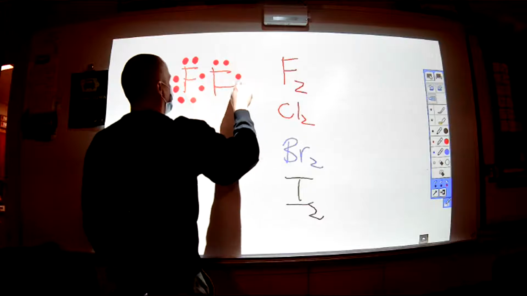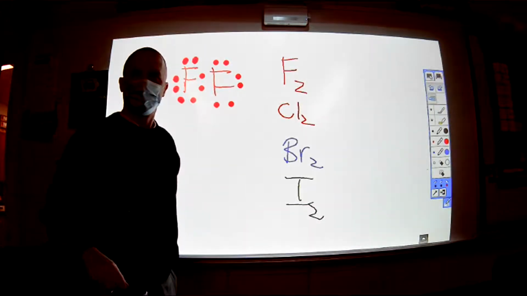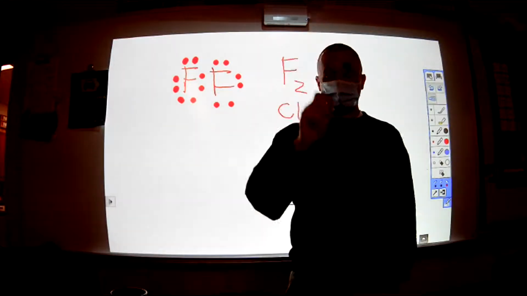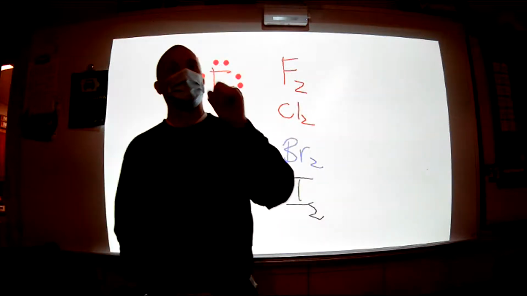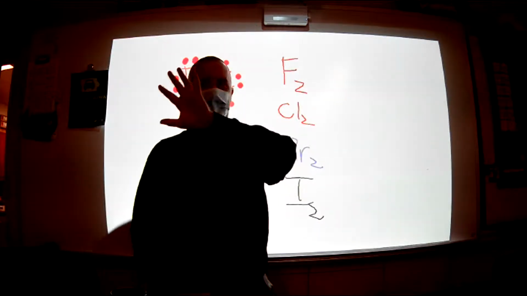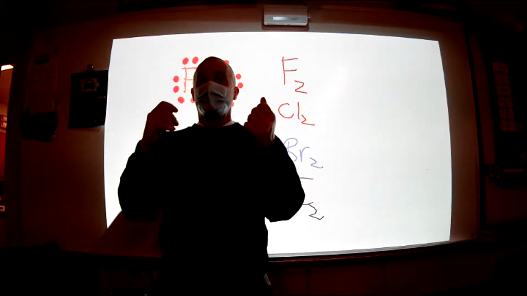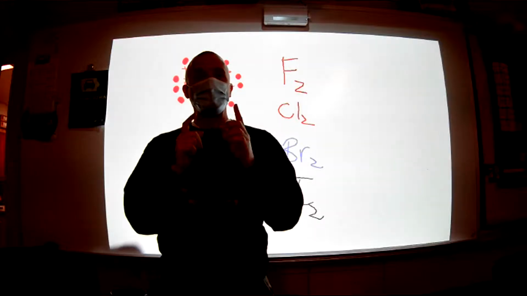We're trying to find out, is it symmetrical or asymmetrical? Are the bonds polar or non-polar? You might be saying to yourself, Mr. Hippenmeyer, you're wasting your time drawing this, because there's only 2 atoms on there.